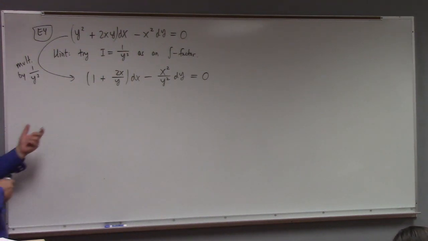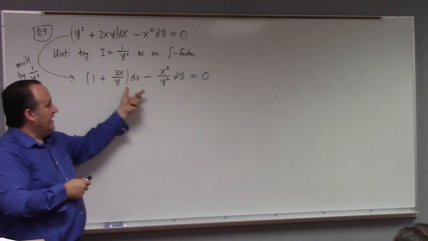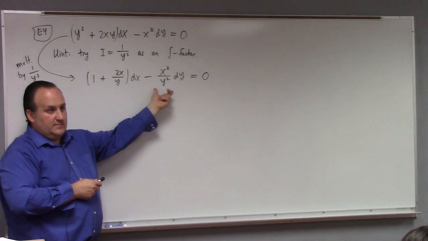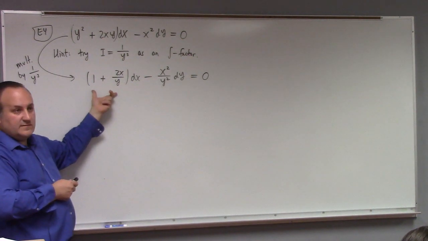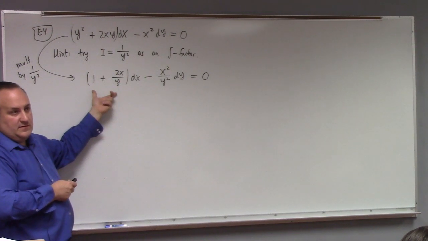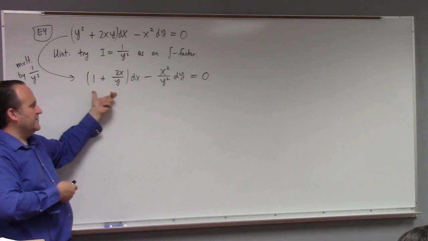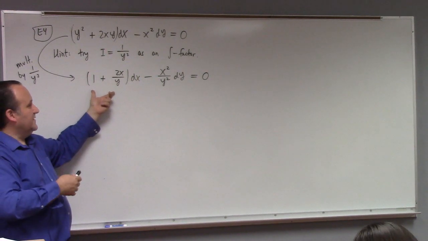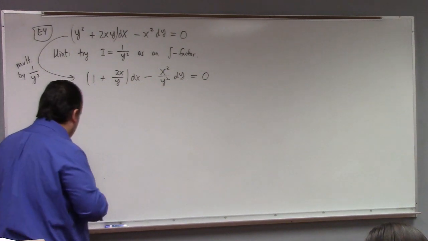You can check that the y derivative of this is equal to the x derivative of that. So we get minus 2x over y squared in both cases. So it's closed. Therefore, by Poincaré's theorem, it's closed, and we can expect that it's exact, at least on some domain.